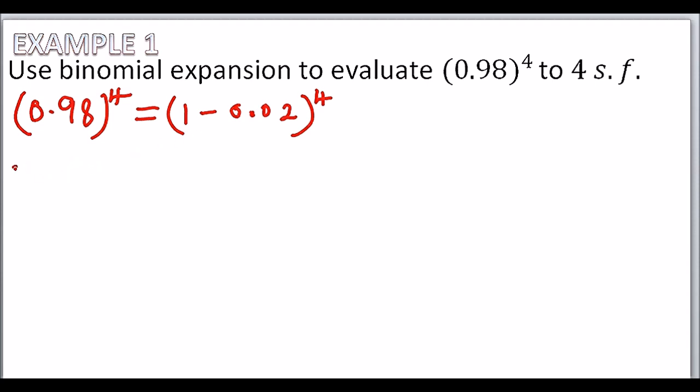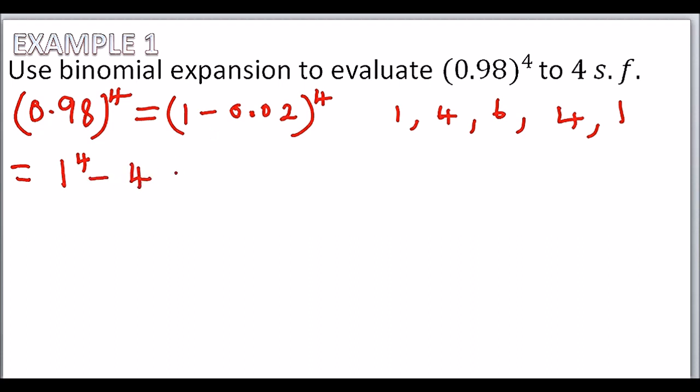So this is equal to, we now expand. We use 1 as the first term and 0.02 as the other term. But in this case, we are dealing with real numbers. So we write the coefficients 1, 4, 6, 4, and 1. We write 1 raised to power 4. When the sign is negative, we alternate, so we have minus.